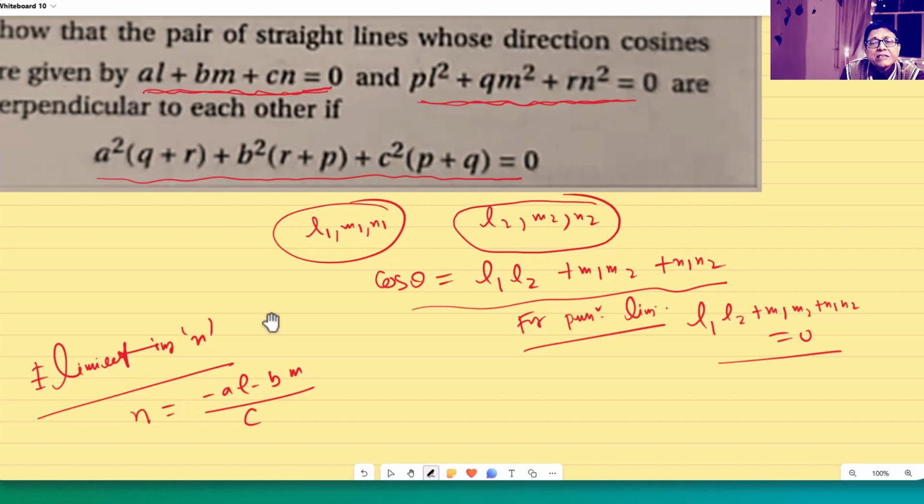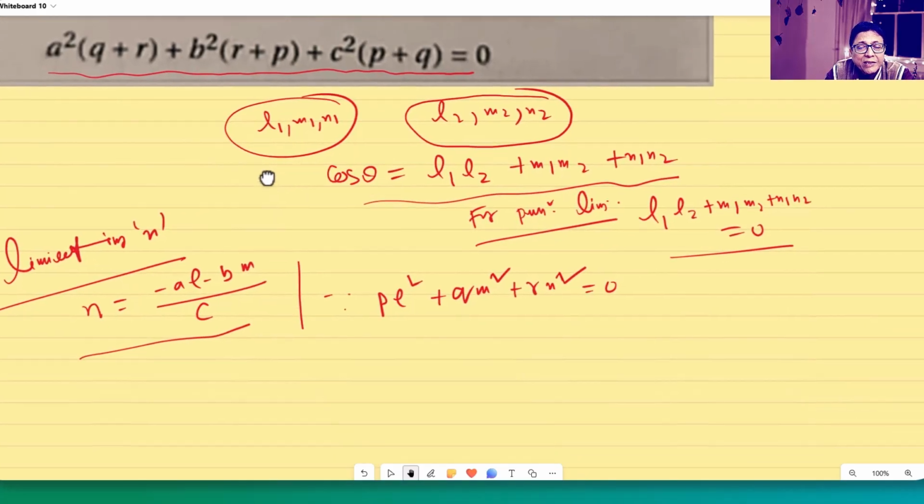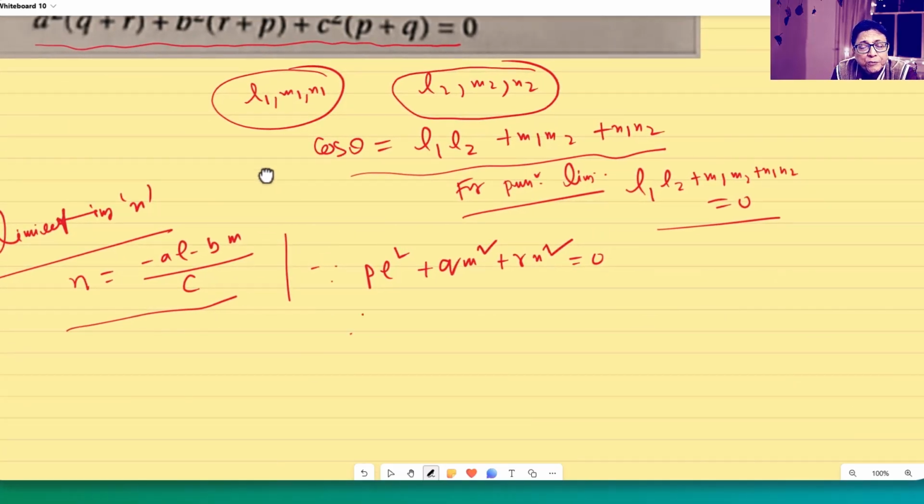Now since PL square plus QM square plus Rn square is 0, you can put this value of N over there. Put it there. Therefore, N square.